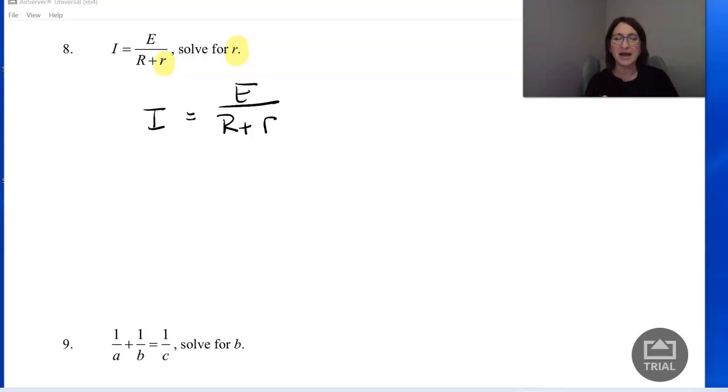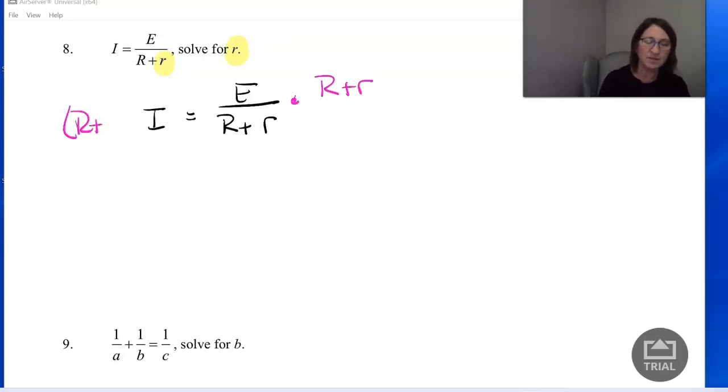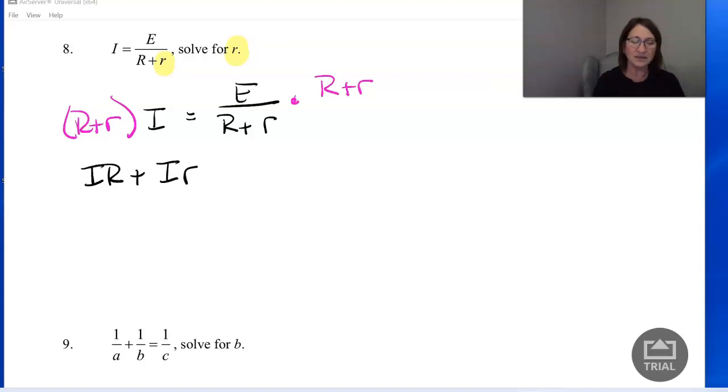Let's multiply both sides of the equation by big R plus little r. So on the left, I'm going to be left with IR plus I little r equals E.